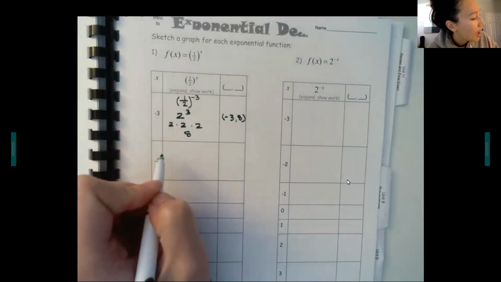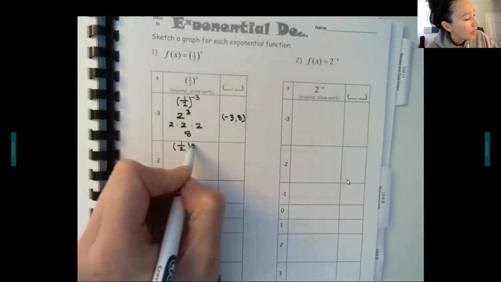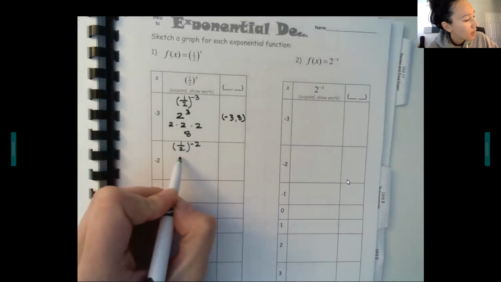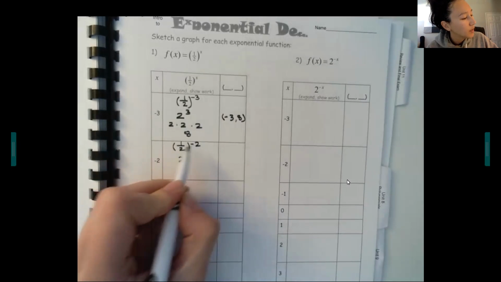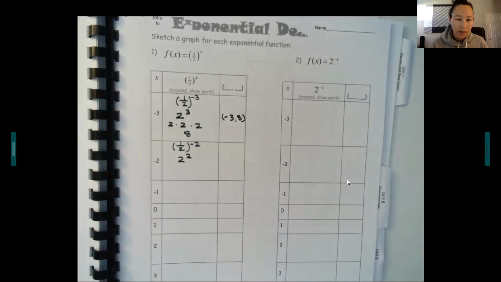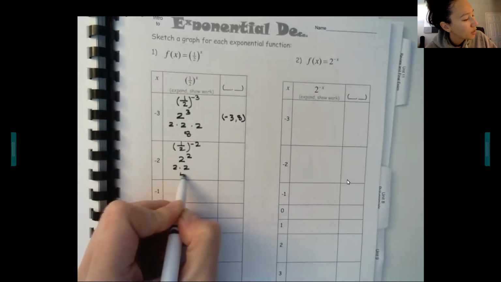And then we have 1/2 to the -2 power. So we're going to flip the fraction, and 1/2 becomes 2, and our exponent becomes positive. So 2 to the positive 2 power, that's 2 times 2, which is 4.